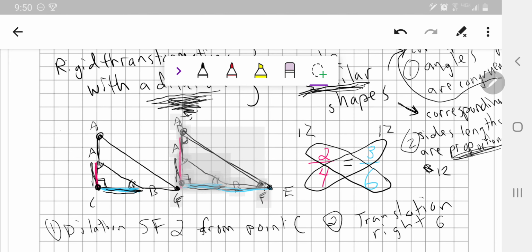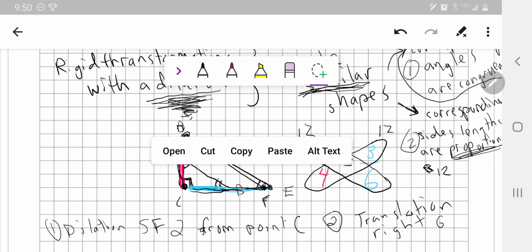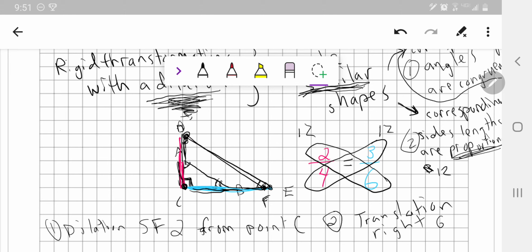I moved the F with it too, and then we map it right on top, and it should be perfect. That point's a little bit off, but anyway. So those two transformations map it onto its similar shape, and so that's our intro.